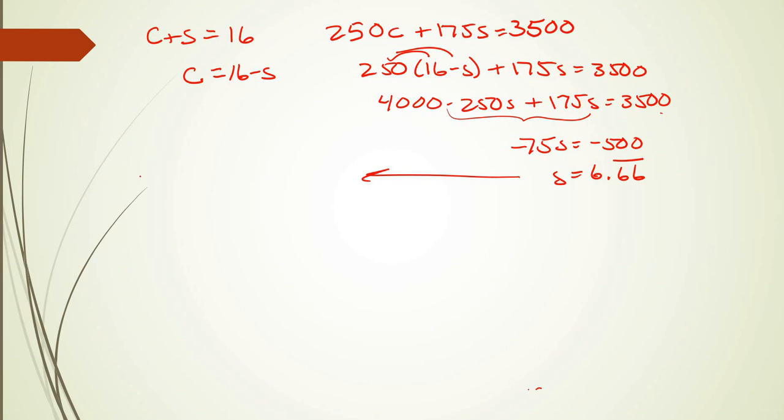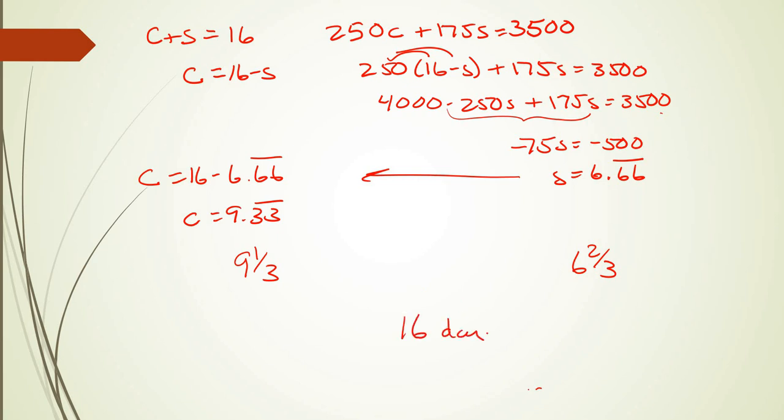Taking that back over here, C equals 16 minus 6.66 repeating, so C equals 9.33 repeating. So when the corn is 9 1/3 days and the soybeans are planted for 6 2/3 days, notice that that does total up to a total of 16 days.